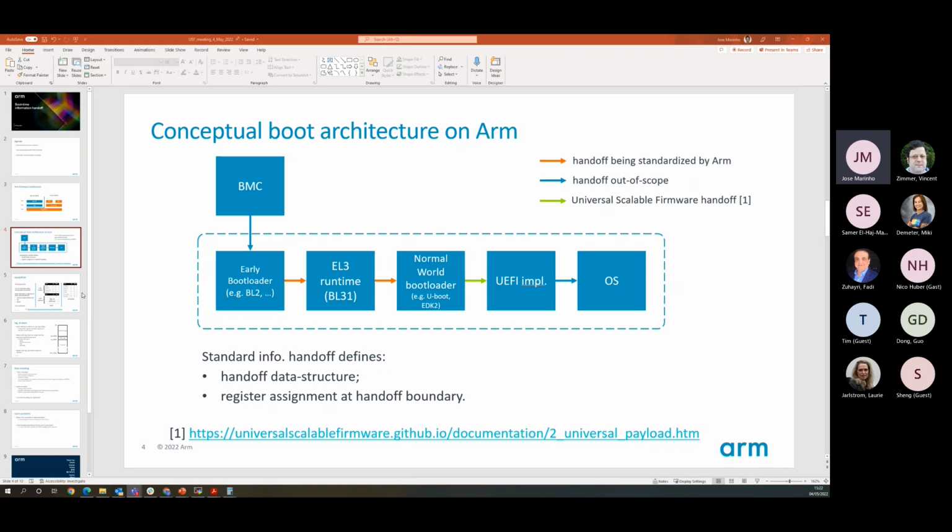Even in some platforms that can be performed by a separate processing entity, but the more common approach is for there to be some early ROM code that executes in the host, which then does the DRAM training executing off of SRAM.